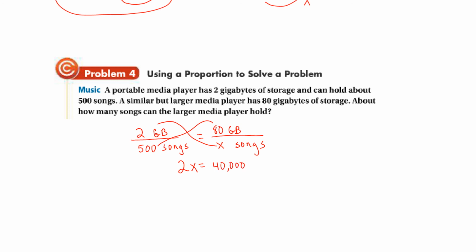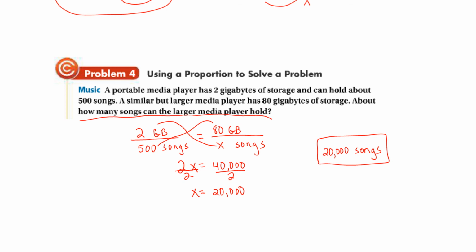Then divide both sides by 2 to get the x by itself, and I get x equals 20,000. So to answer the question, how many songs can the larger media player hold? It can hold 20,000 songs. So when I have a proportion and I know 3 out of the 4 parts of the proportion, I can always solve for that last part.